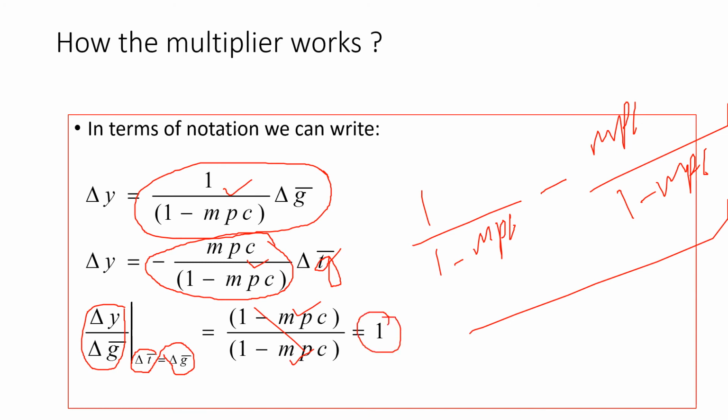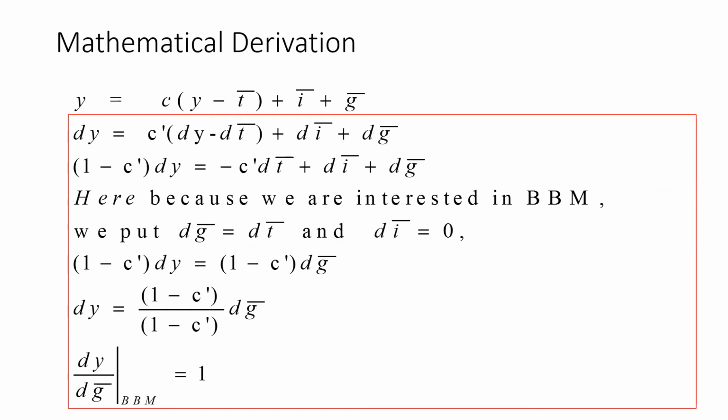Alternatively, you can directly derive it mathematically as well using the equilibrium condition. We are going to do that in the next slide, like this. You have already done that for your government expenditure multiplier and tax multiplier. Just remember the equilibrium condition, then this step, that step, and up to this they are exactly the same as in the case of the government expenditure multiplier and tax multiplier.